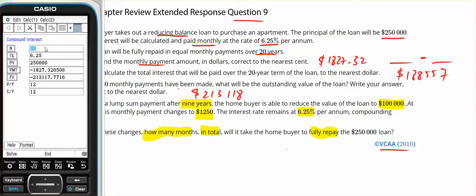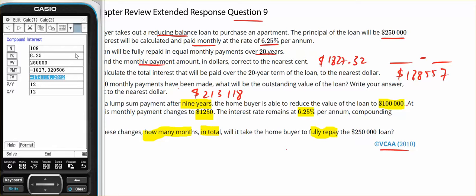So 9 years is 9 times 12 months, still 6.25%. The conditions haven't changed up to 9 years. So we're going to find the final value after 9 years. We still owe $174,114.